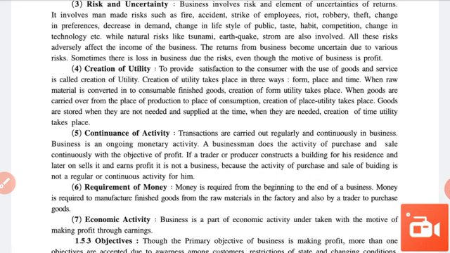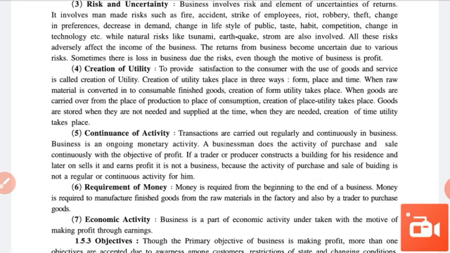So your thoughts will come like a businessman's or professional's. When you learn this topic, creation of utility, you think you are a provider, an owner of a company, you can produce your particular product and provide your goods and service to the consumer. If you provide satisfaction to the consumer, that is called creation of utility.